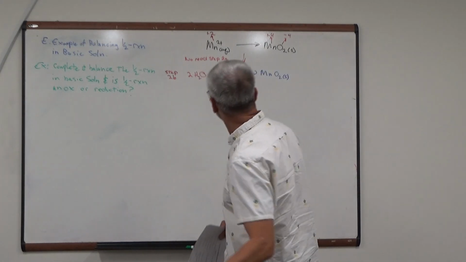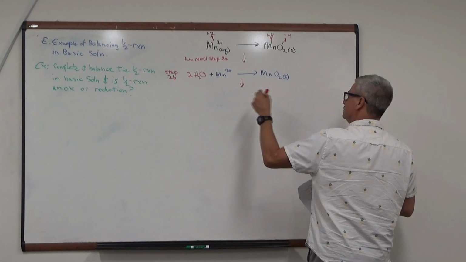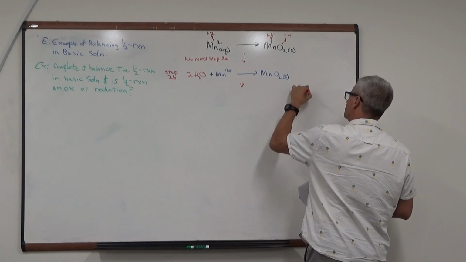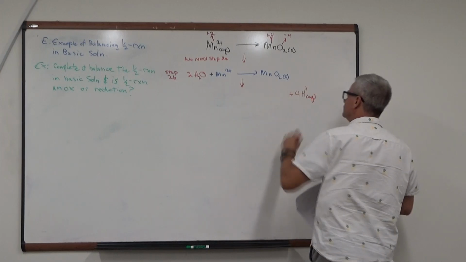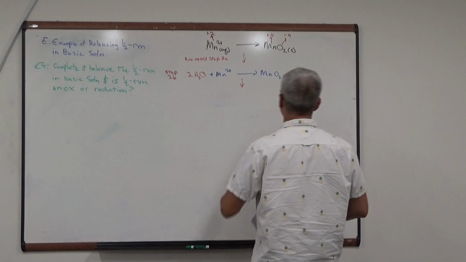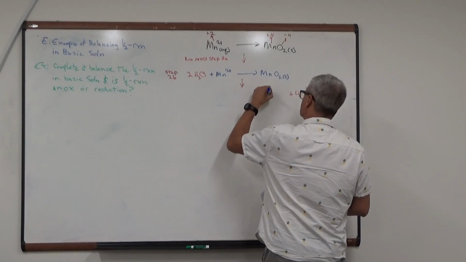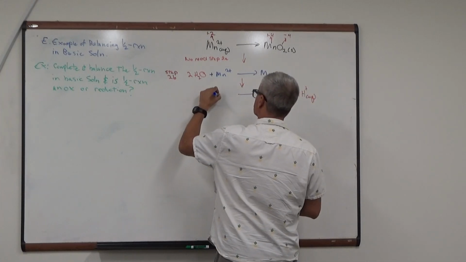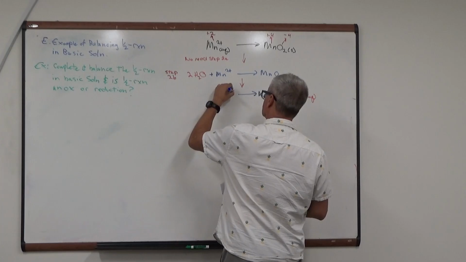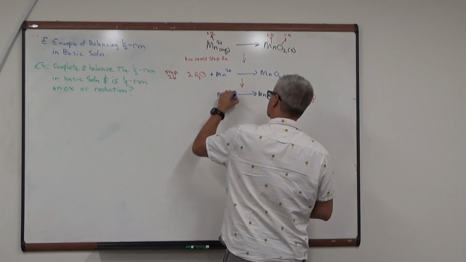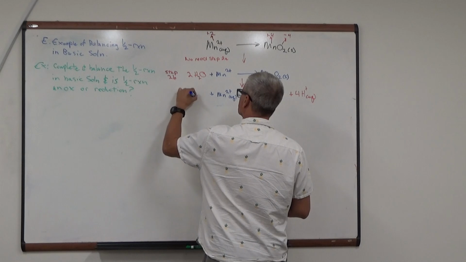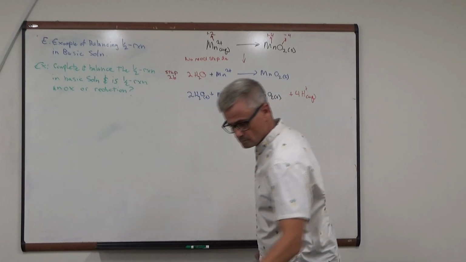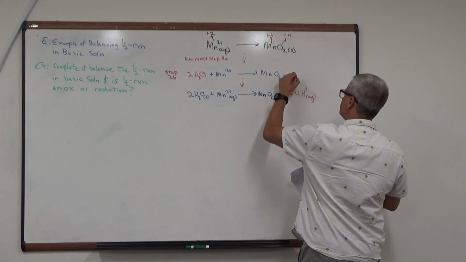Then, since we added 4 H's over there, we have to add 4 protons here, liquid. That's step 2C.